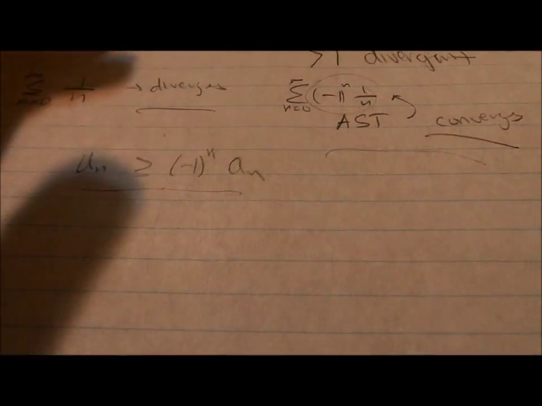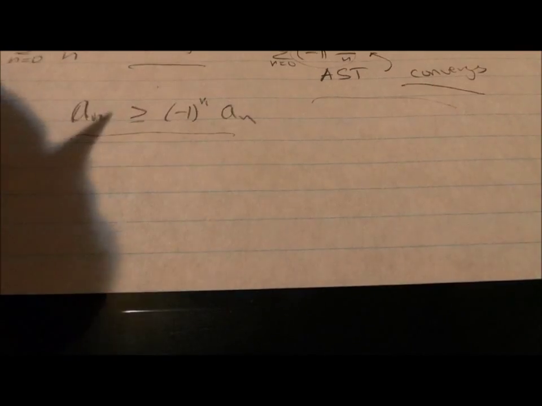So with this idea, we can implement many tricks in order to figure out whether it converges or diverges. If this one converges, then this one's forced to be convergent. If this one diverges, this one's forced to be divergent.